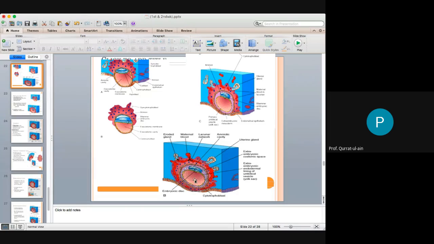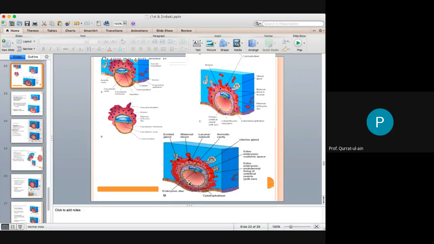You can very clearly see two cavities: the amniotic cavity in blue, and the primary yolk sac or exocoelomic cavity is this pink zone, which is lined by the exocoelomic membrane here.